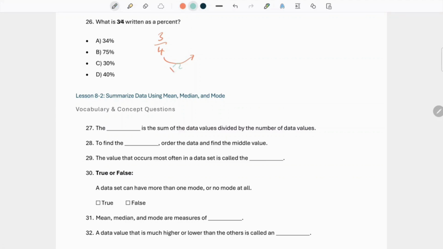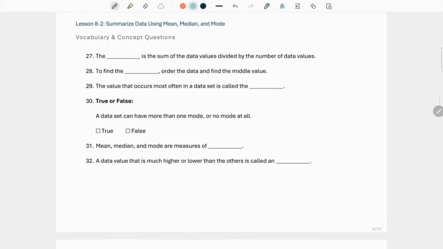We can multiply it by 25. So if we multiply the denominator by 25, we've got to multiply the numerator by 25. So we end up with 75 over 100, which is just 75%. So the answer is B.